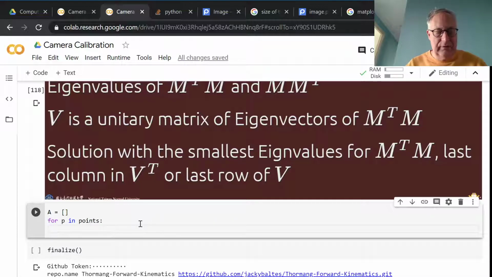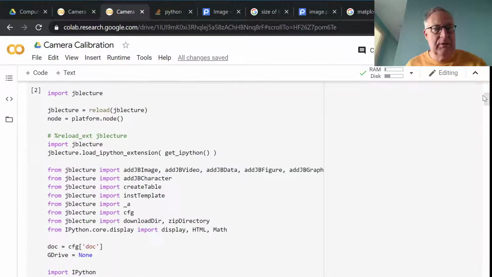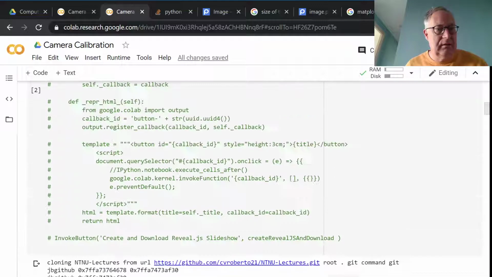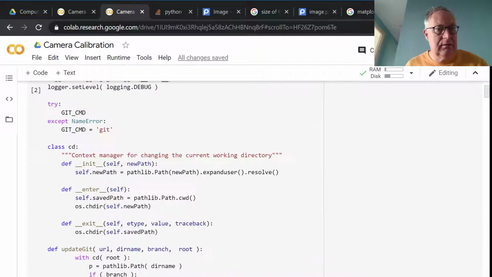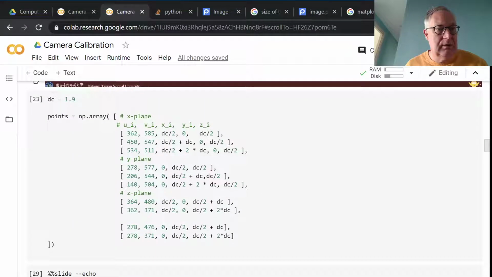Then I extract the points U, V, X, Y, Z. X, Y, Z is equal to P. Let me just double check to make sure I added those correctly. Where are my points? Here, U, V, X, Y, Z. Yeah.